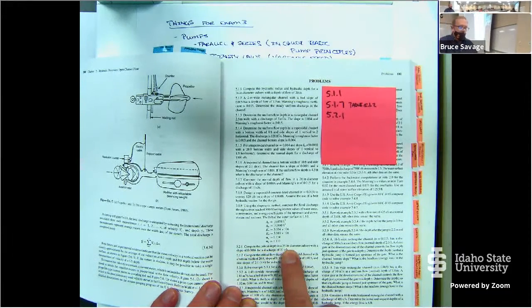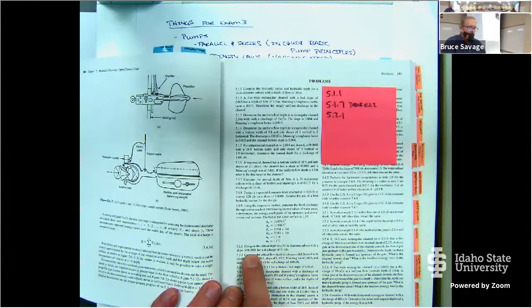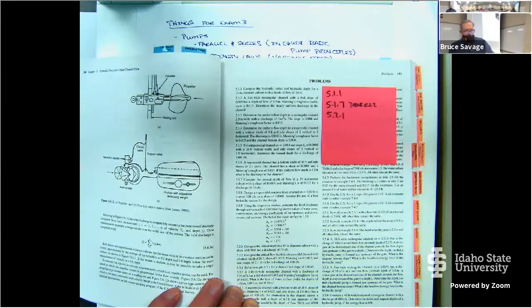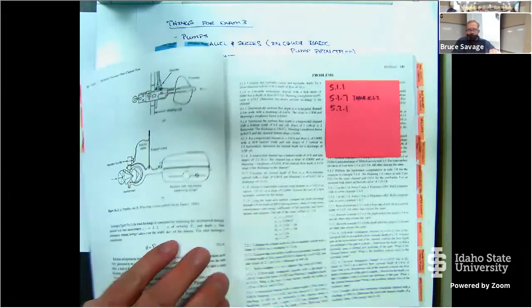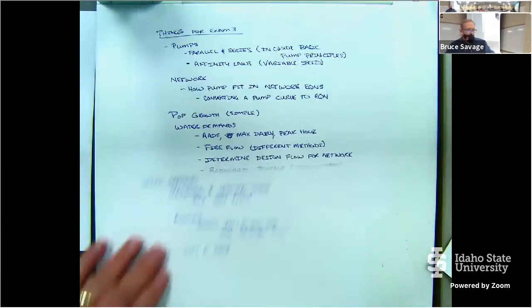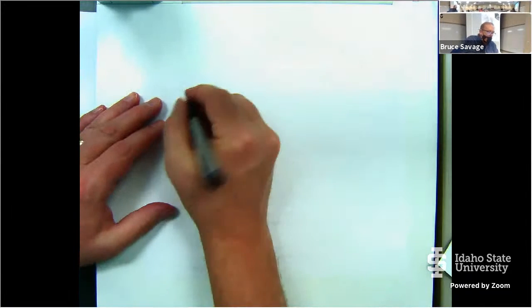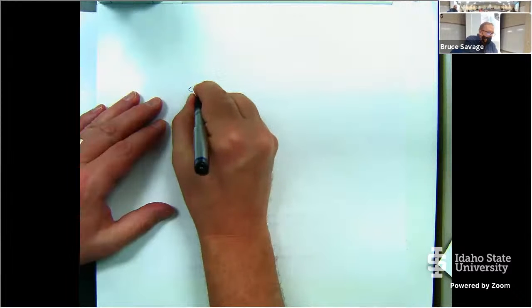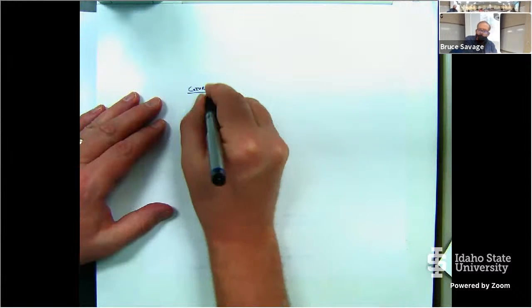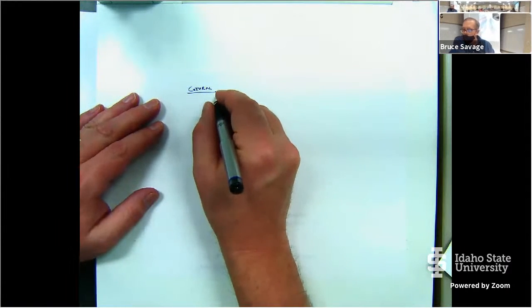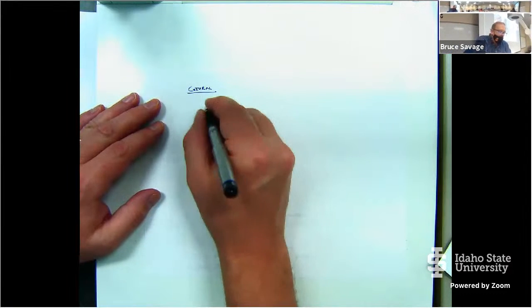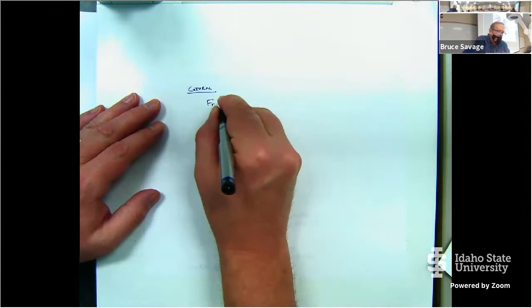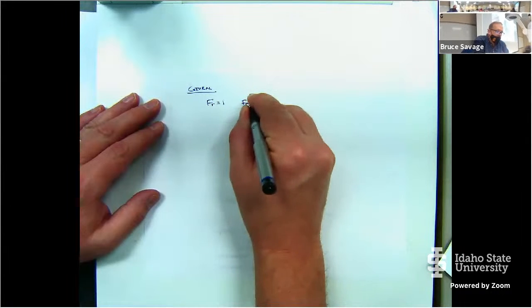5.2.1: compute the critical depth in a 36-inch diameter culvert with a slope of 0.0016 for a discharge of 10 CFS. All right. So what we're given is we're trying to find the critical depth, so the Froude number equals 1, as does the Froude number squared.